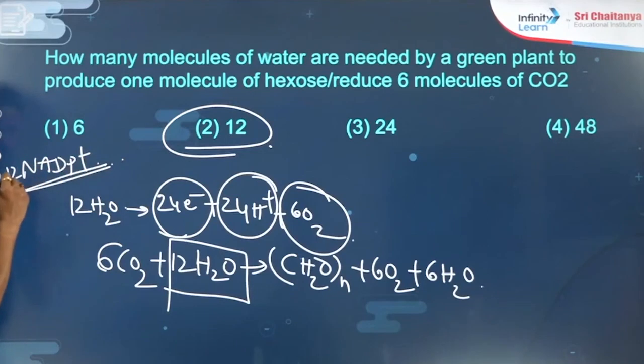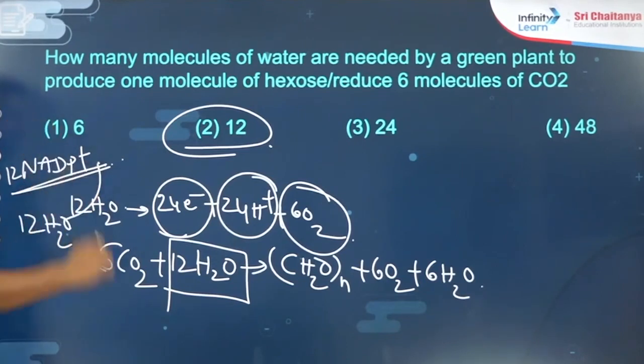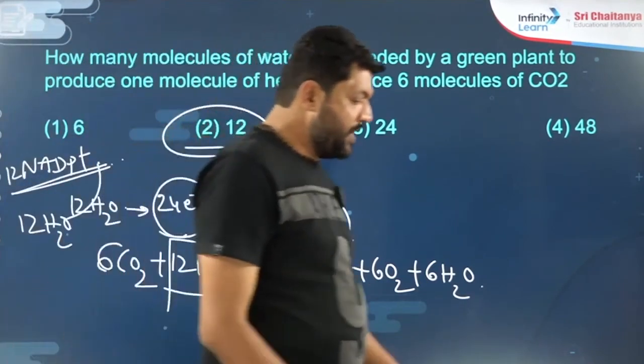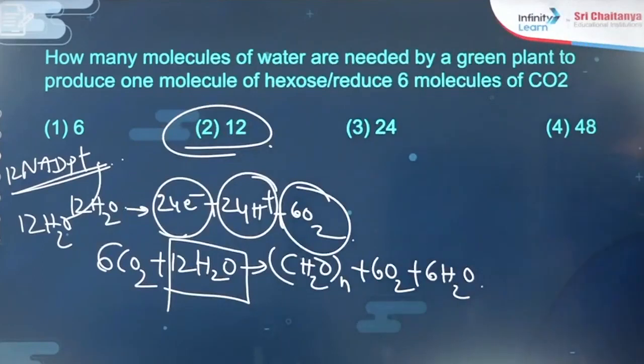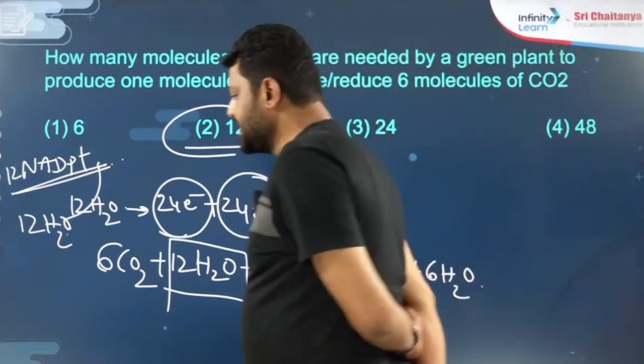NADP plus, how many? 12. So 12 molecules of water have to be photolyzed so as to produce 24 electrons and 24 protons to convert the 12 molecules of NADP plus into 12 molecules of NADPH2. Was it clear?